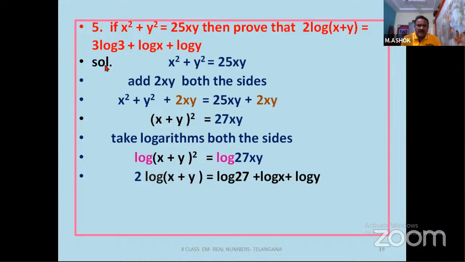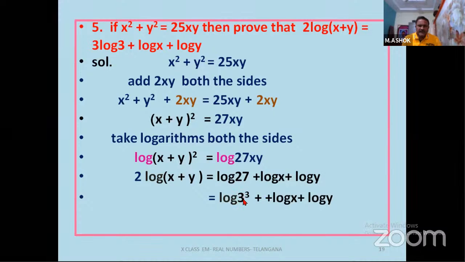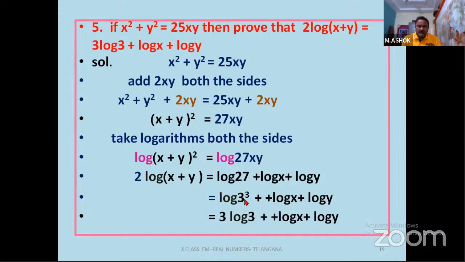So here log 27 is not there; 3 log 3 is there. So write 27 as 3 cube, and keep the remaining two terms the same. Basing on the power rule, log 3 cube means 3 into log 3 plus log x plus log y. It is our required solution.